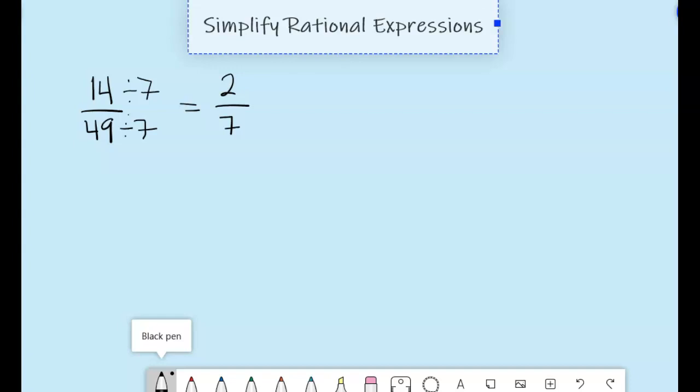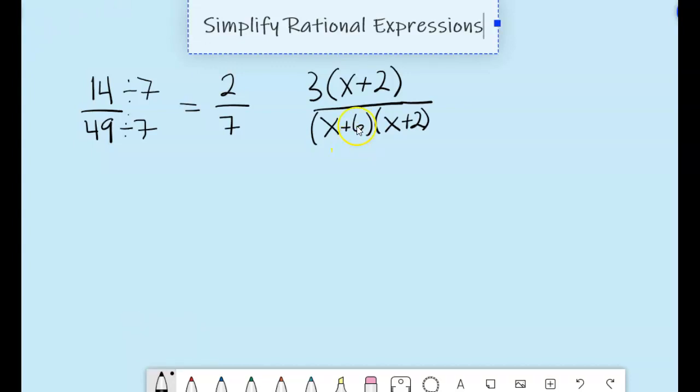So for instance, if we have 3 times the parentheses x plus 2, all divided by x plus 6 and then x plus 2, and they ask us to simplify this, all that we see is that there is x plus 2 at the numerator and at the denominator.